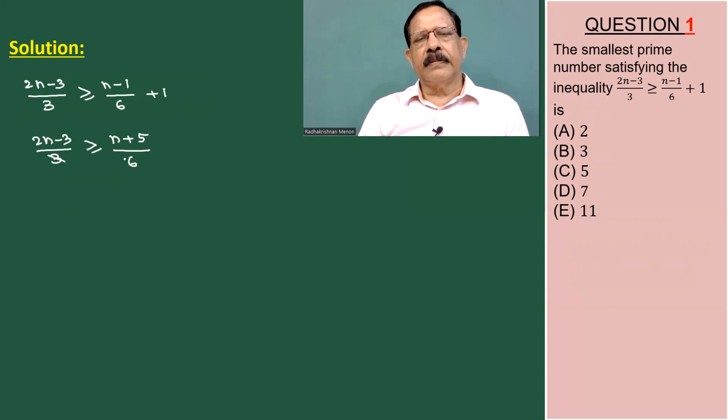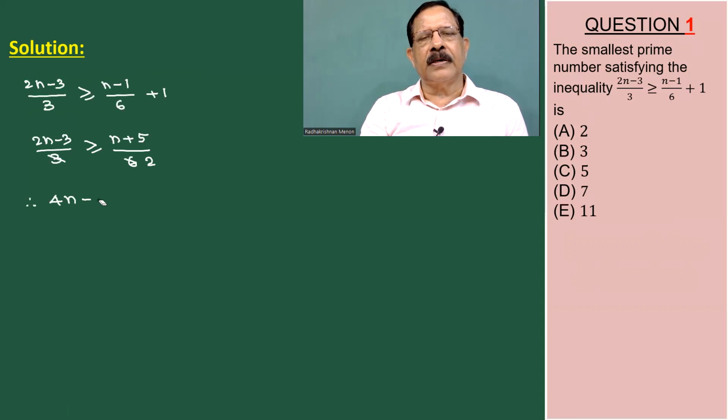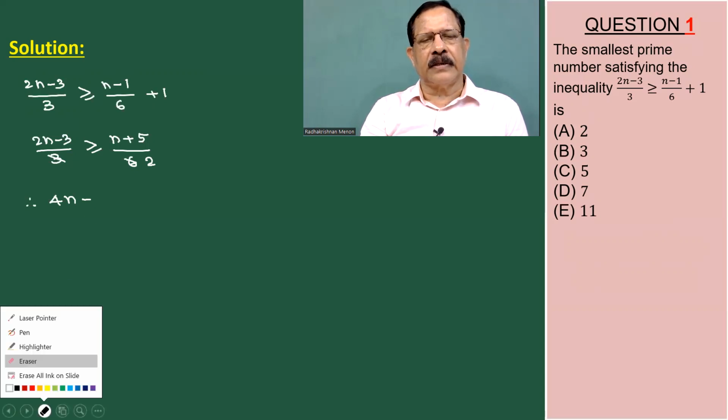So here, 3 is getting cancelled, so 2. So cross multiply. Therefore, 4n minus 3. Cross multiplying by a positive quantity, the inequality will not change. There is a small correction: it is not 3, it is 6.